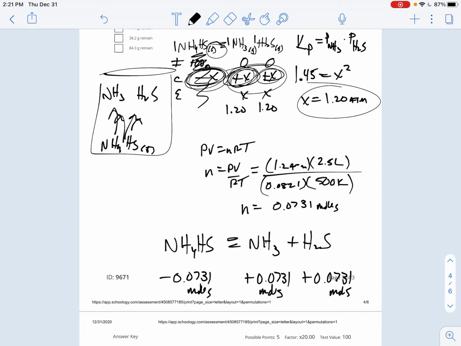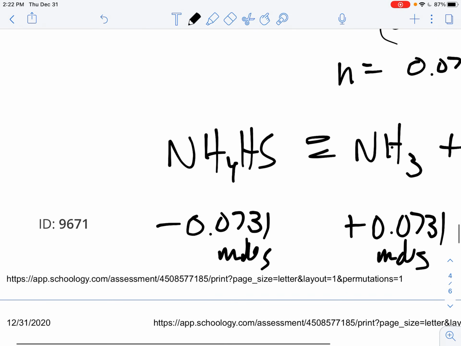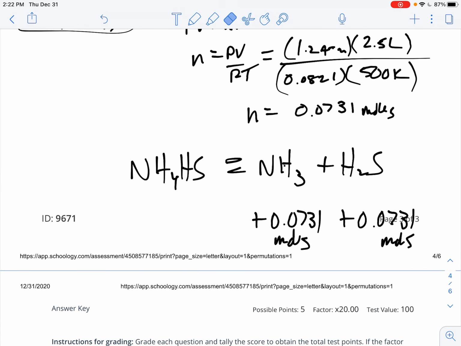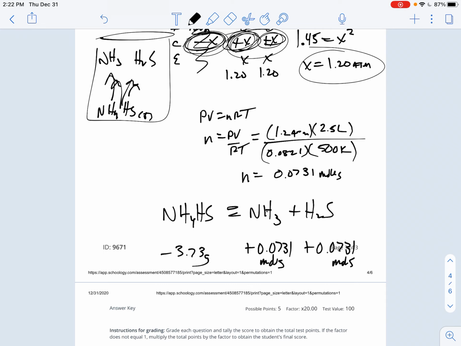All right, well, how much does this stuff weigh? It looks like 14 and 4 and another 1 and then a 32.1. It looks like that's 51.1. So this guy here, we multiply him by 51.1 grams per mole times 0.0731 gets us about 3.73 grams that you actually lost.